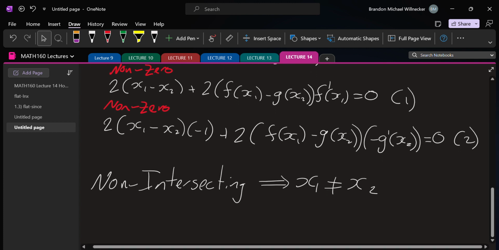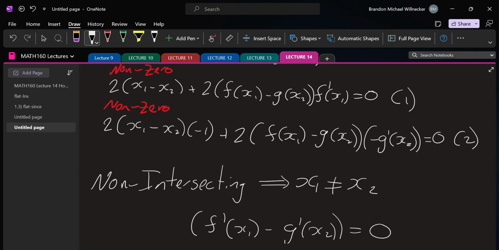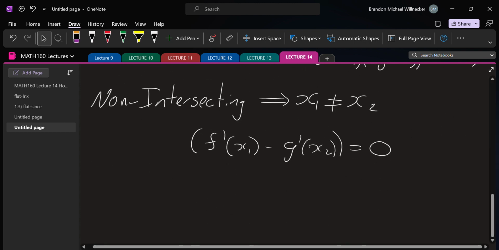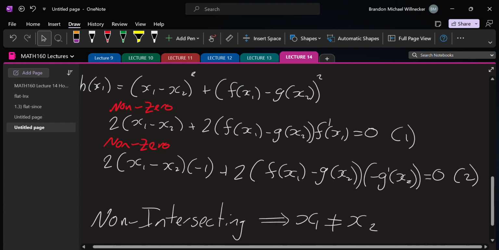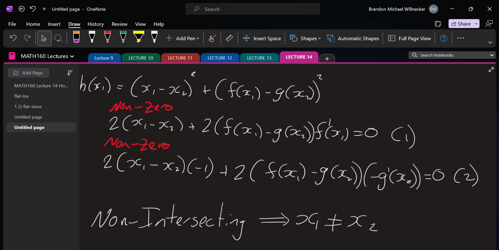So if we add them together, the first two bits with x1 minus x2 cancel. F of x1 minus g of x2 is non-zero, so we can get rid of that, which means f prime of x1 minus g prime of x2 must be 0. Everyone see what we did there? Yes. So we're taking equation 1 and adding it to equation 2.